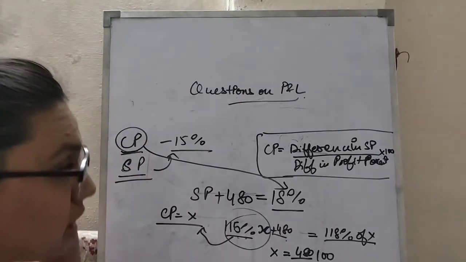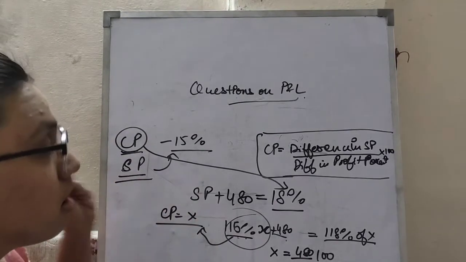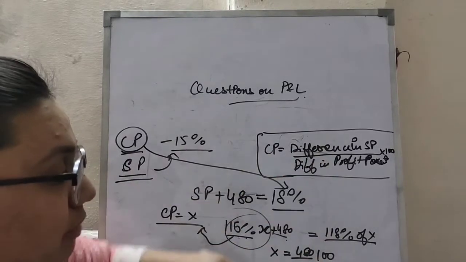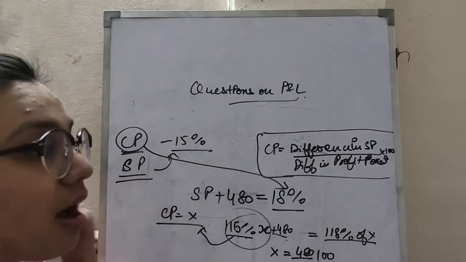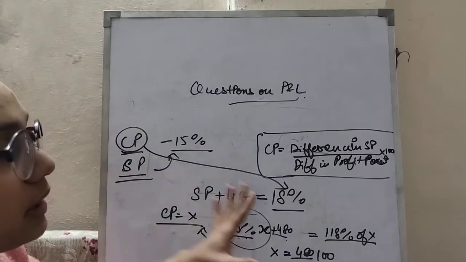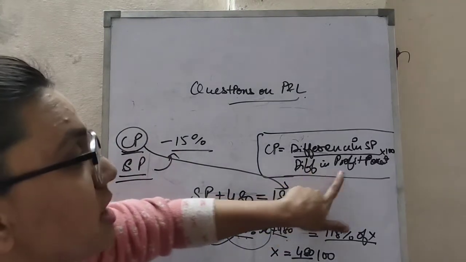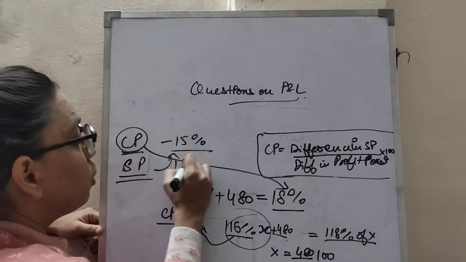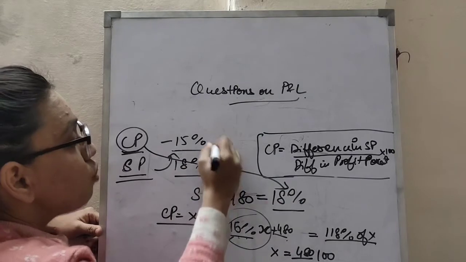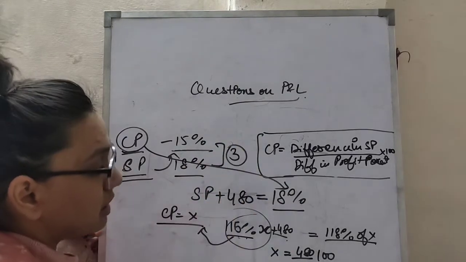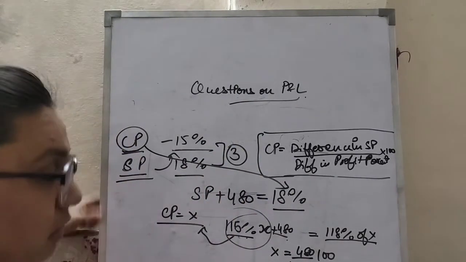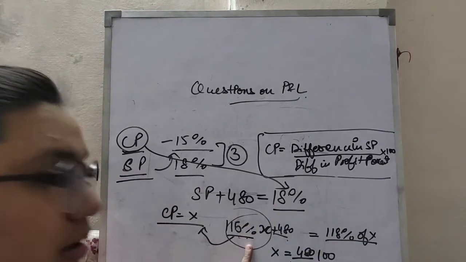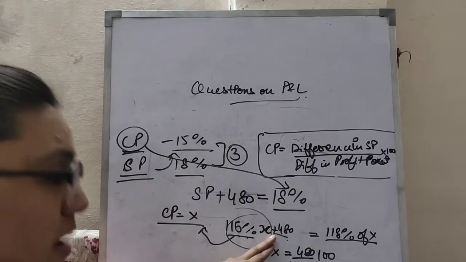Now look at the formula and put the formula here, so that we have a shortcut to calculate the question. Difference in profit percent: earlier you were having 15% and the new one is 18%. So what is the difference here? 3%. That I applied over here also, because of the subtraction part.